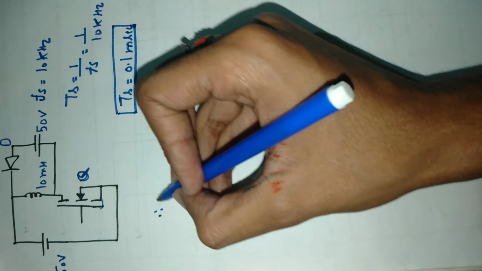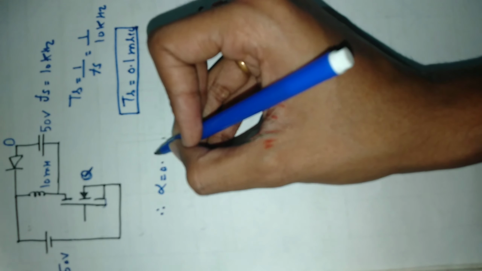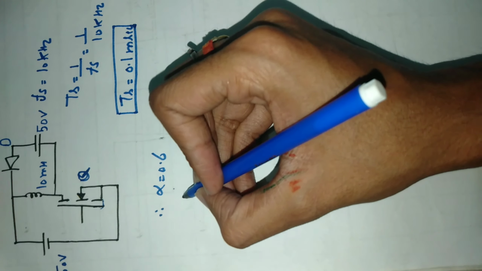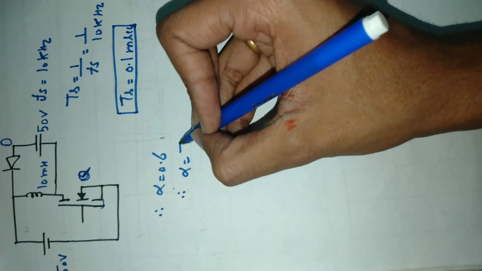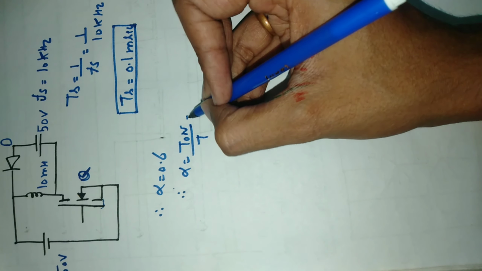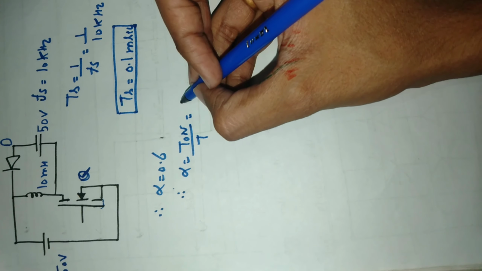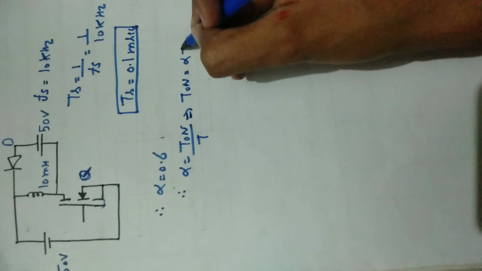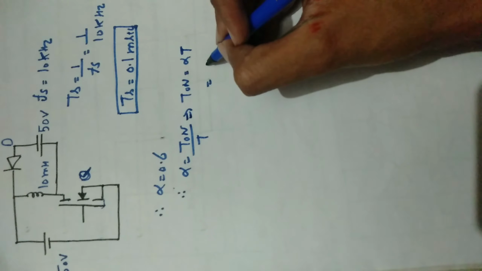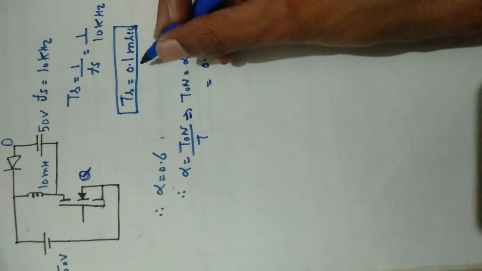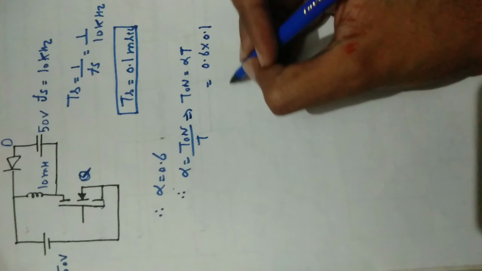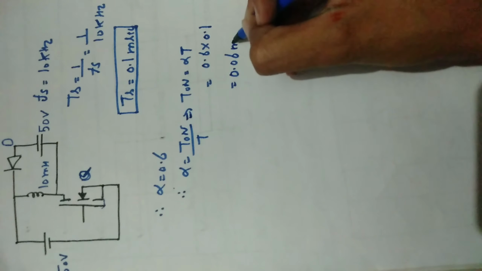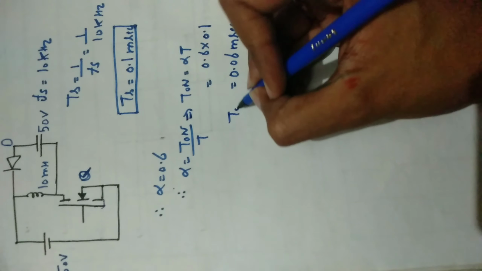The duty cycle is also given in the question: 0.6. We know the formula of duty cycle, alpha equal to T on by T. The value of T on we don't know, that's why we can write T on equal to alpha into T. So the value of alpha is 0.6 times 0.1, we get 0.06 millisecond as the T on time.